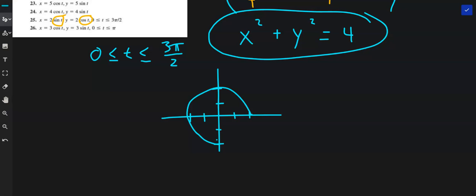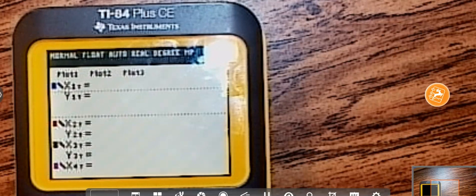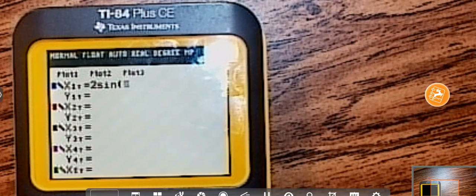Okay, so let's go to our calculators and go to the y equals. Go back to the original x equals 2 sine t. So x equals 2 sine t, and y equals 2 cosine t.